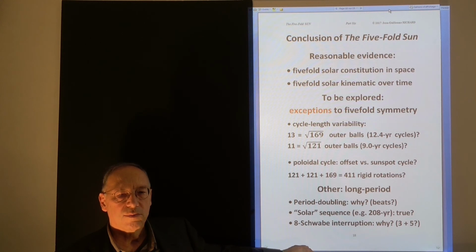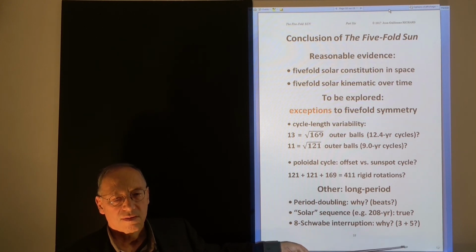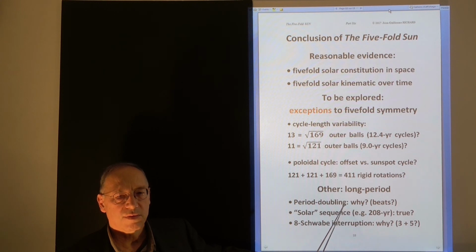Also remaining to be explored are many mysteries of the long period behavior of the Sun. We found that there is actually, as already suggested by previous authors, at least one period doubling and maybe two period doubling sequences of oscillations in the Sun. Why is this the case?